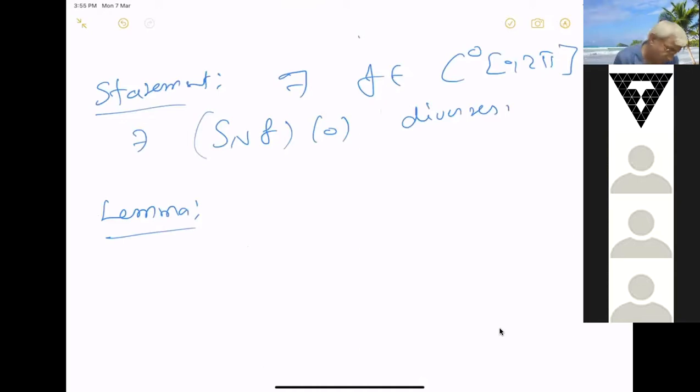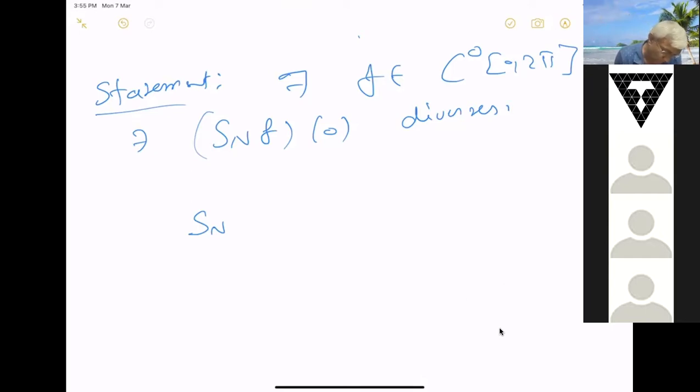First thing we want to prove is the following. What is S_N f? We want to consider this S_N f. If you have any question, you ask me. I hope it's fairly clear what I am doing.